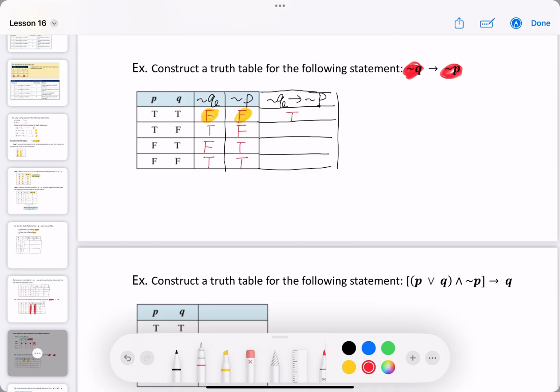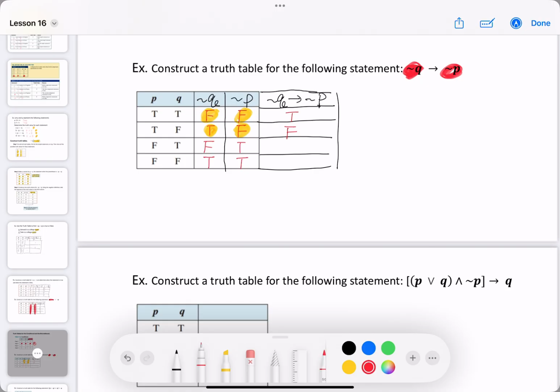And the second one, so true, false. This is the only special one. We are having a false statement. I'm going to have false. Okay, next one, false, true.